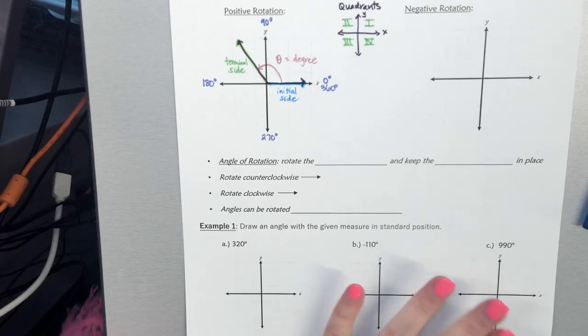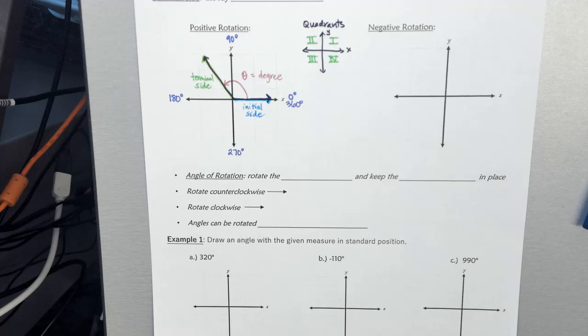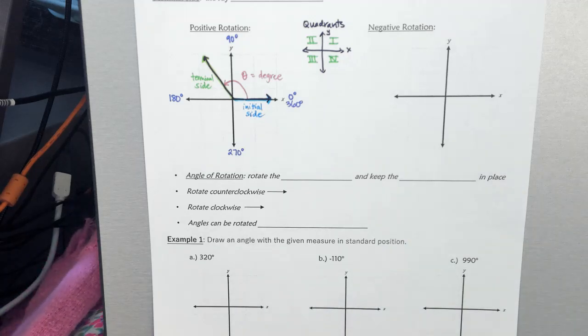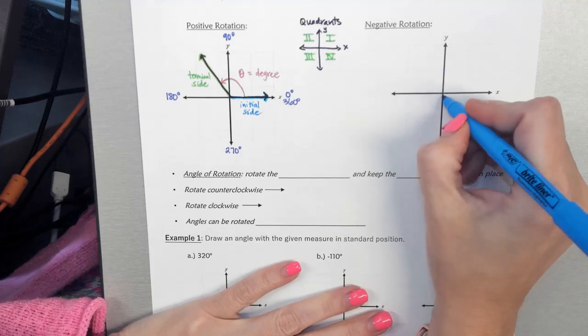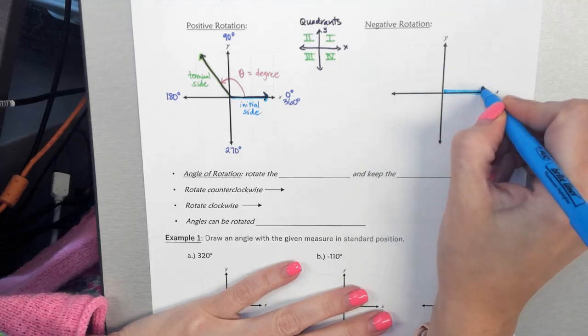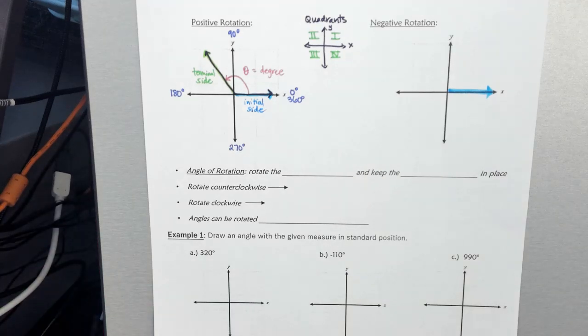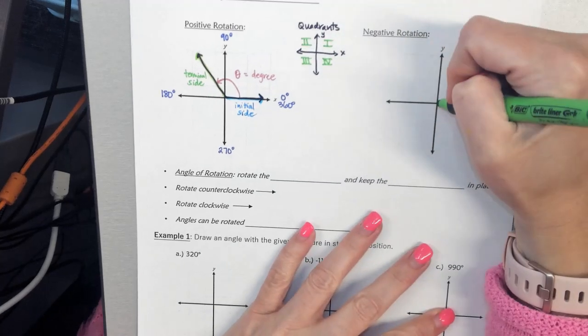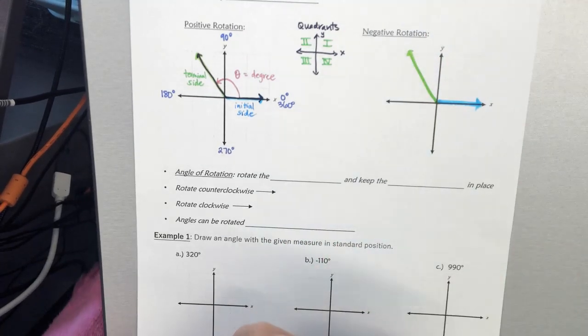Have you guys ever done a negative rotation of angles before? Alright, so when you do a negative rotation, you are still going to start here at the initial side, and you can still end at the terminal side. So we're going to use the same initial side and the same terminal side.